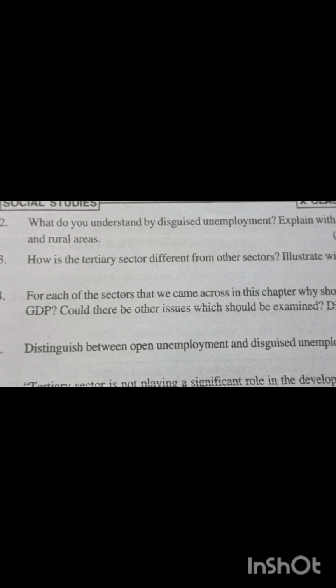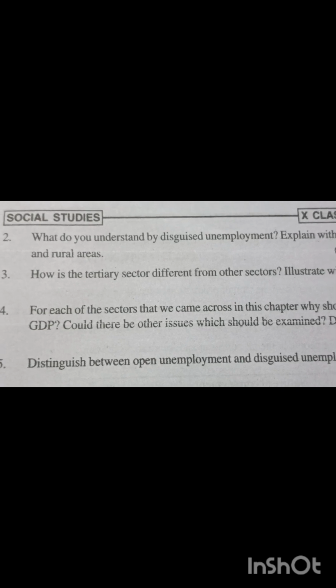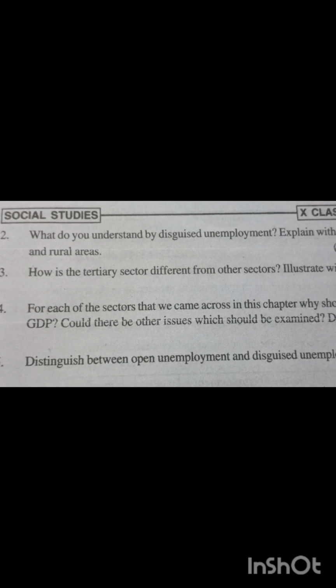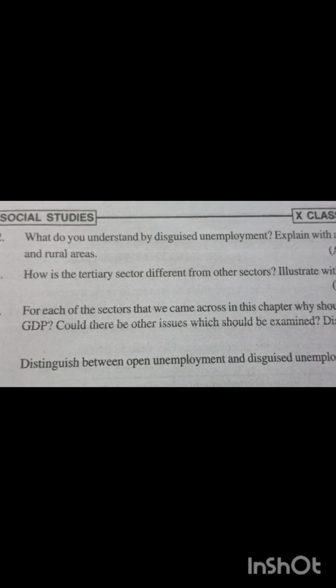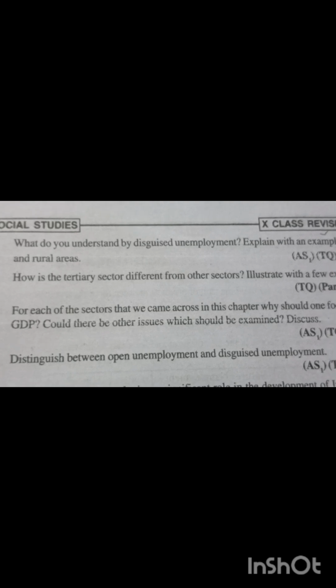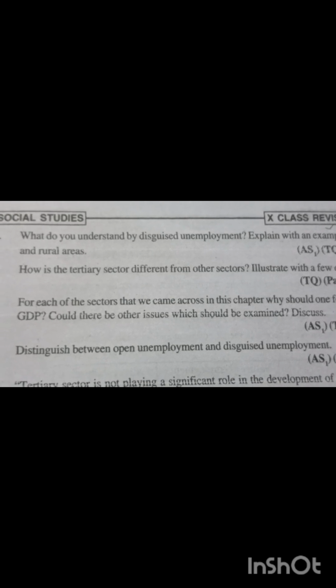Third one, how is the tertiary sector different from other sectors? Illustrate with a few examples.